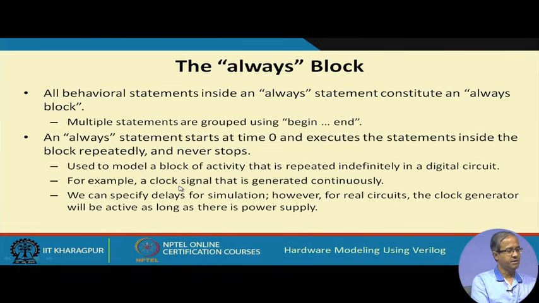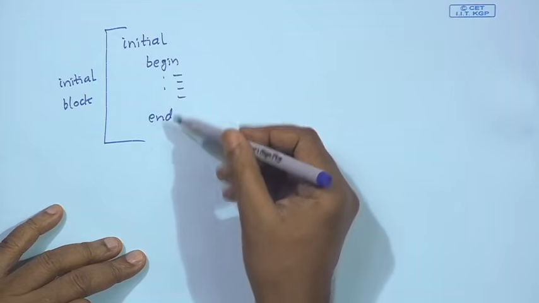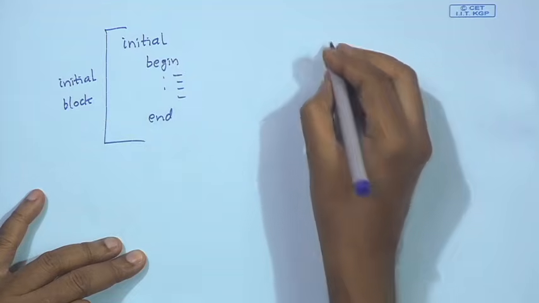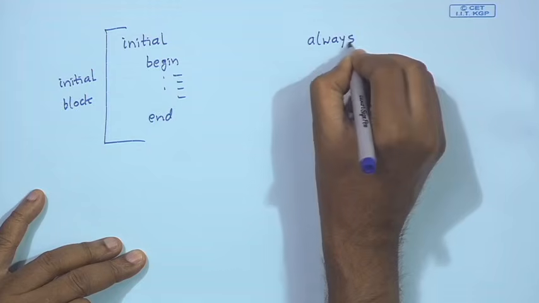Fine. Now, let us come to the always block, the other kind of procedural block. Just like we said that there is an initial statement and it comprises an initial block, in exactly the same way, there is an always statement.